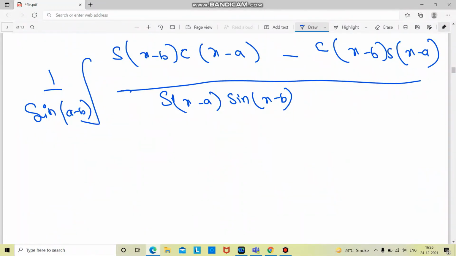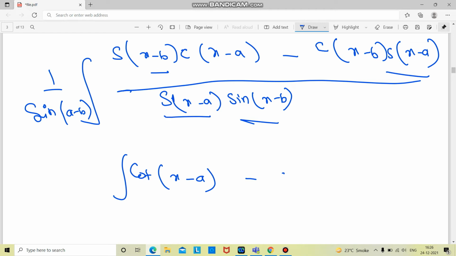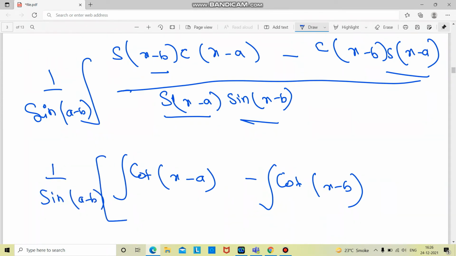Now we will simplify it, and this and this will get cancelled. It will become integration of cot(x minus a) minus, and this and this term will get cancelled, so it will come integration of cot(x minus b), both multiplied by 1 by sin(a minus b).